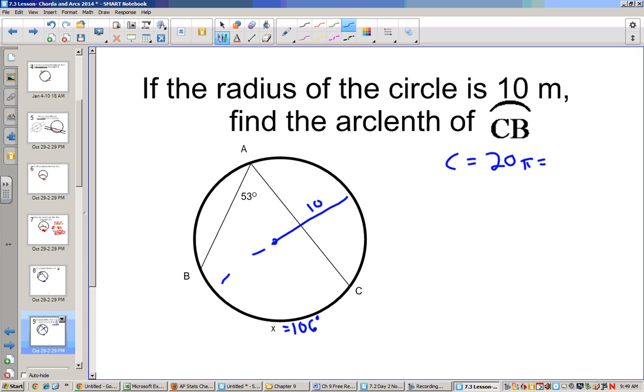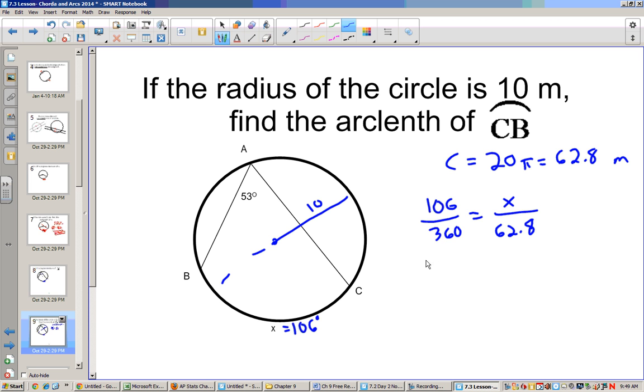Now if I multiply 20 times 3.14, I'm going to get 62.8. So 62.8 meters is the distance around the circle. Now to find the arc length, I take my degree measure, which is 106, over 360, and that's going to equal my arc length over 62.8.